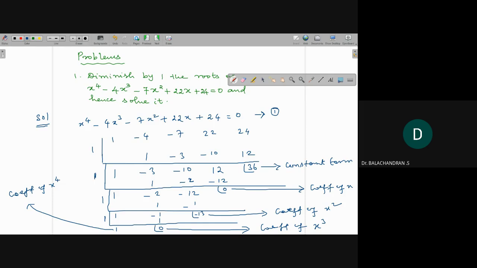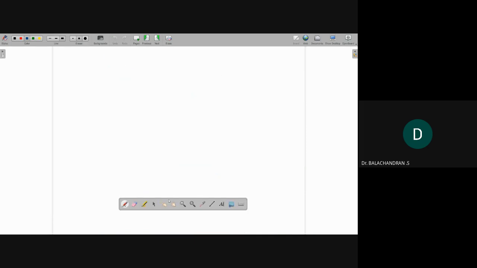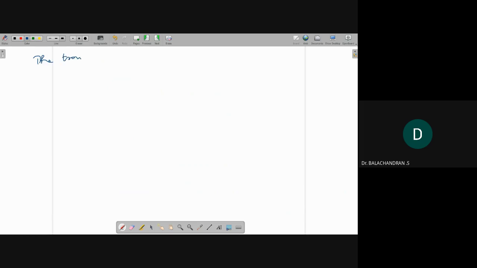I'll write in the next page. Transformed equation is x power 4 minus 13x squared plus 0 into x cube, minus 13x square, plus 0 into x, plus 36.